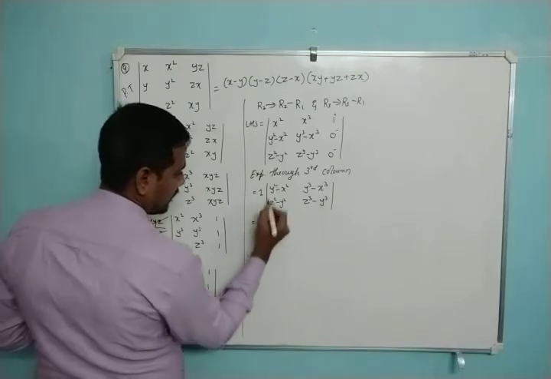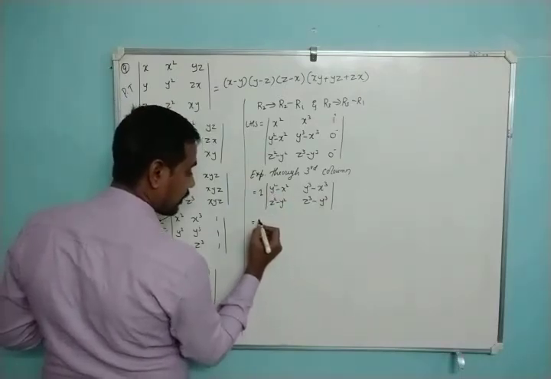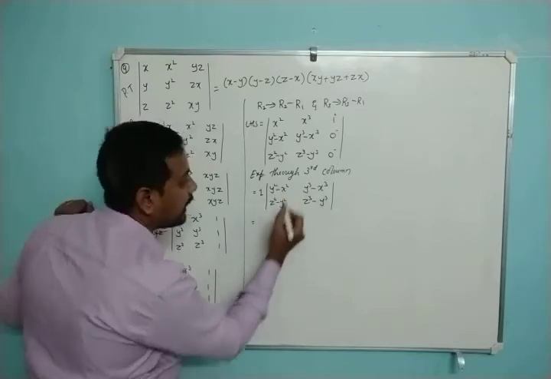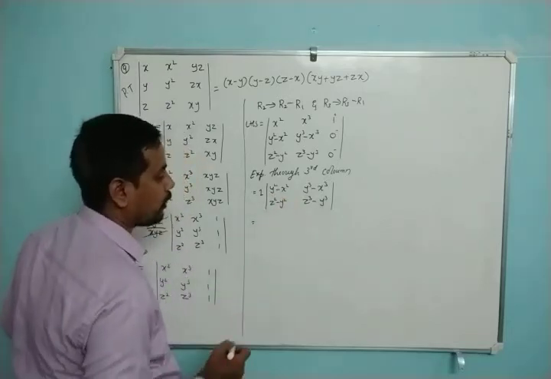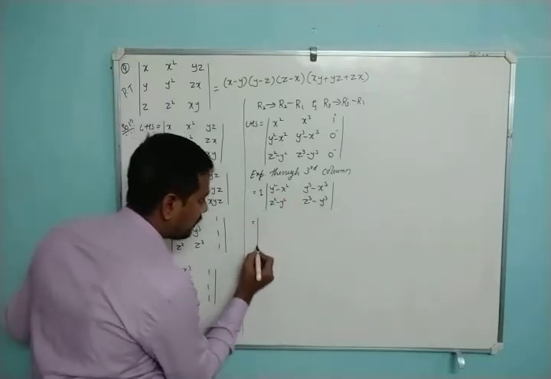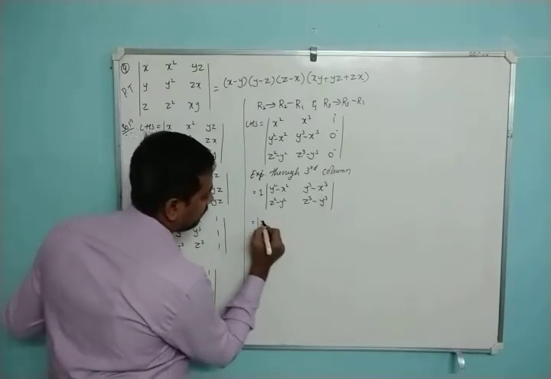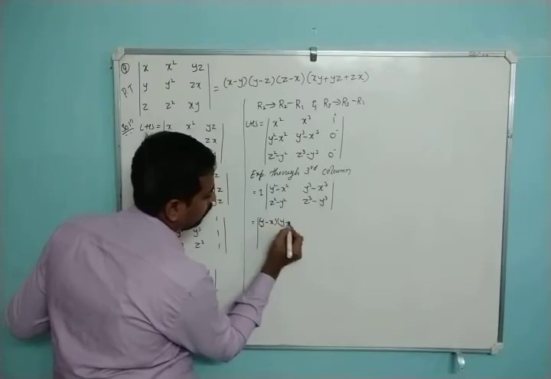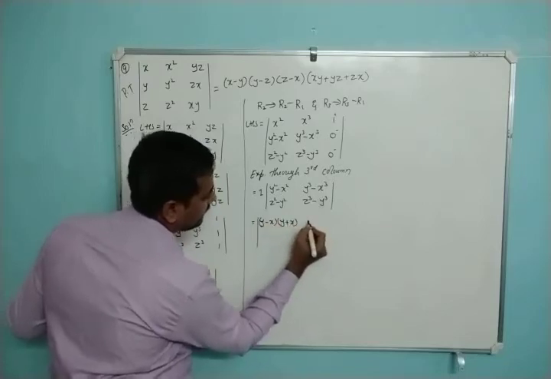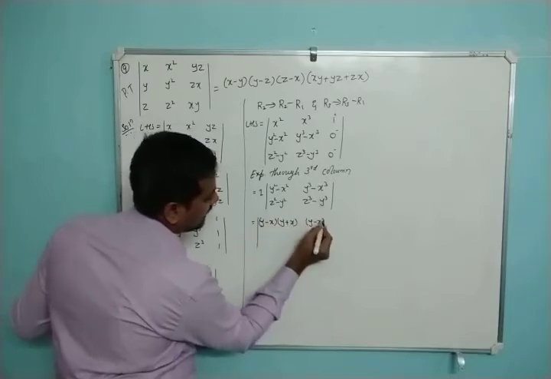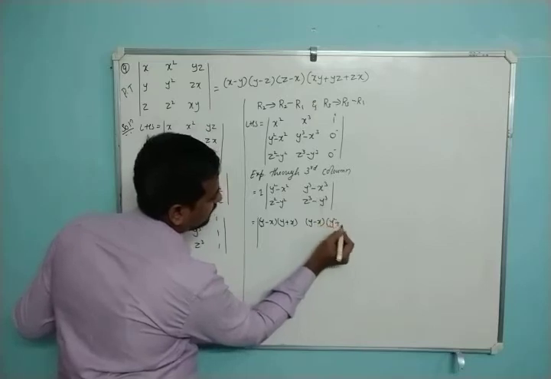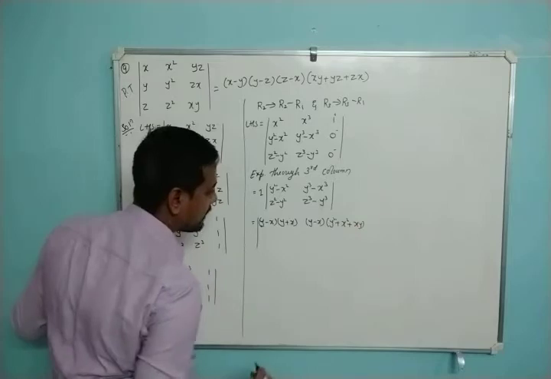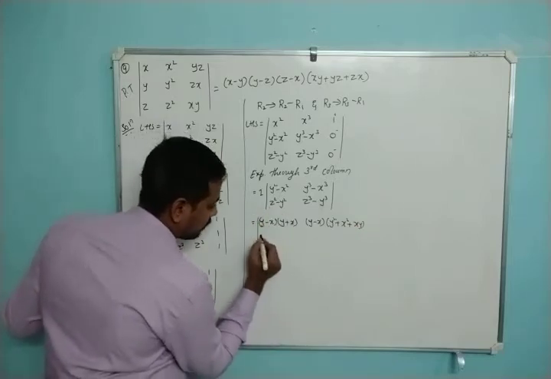So this one I can apply the a square minus b square formula for the first column and the a cube minus b cube formula for the second column. So this will become y minus x into y plus x, and here y minus x into y square plus x square plus xy, that is the a cube minus b cube formula.